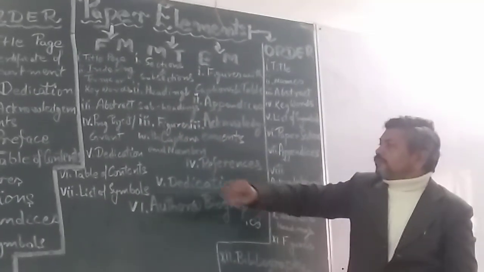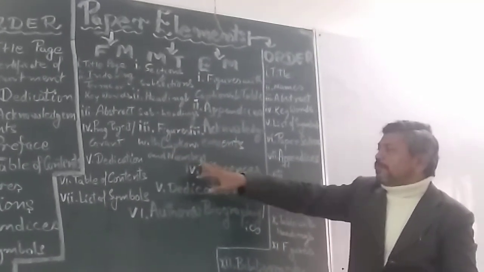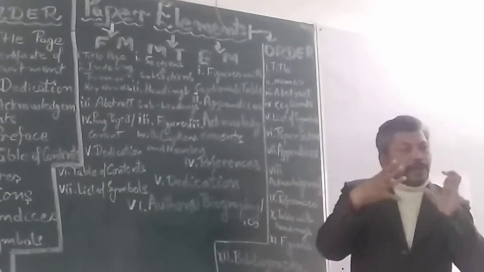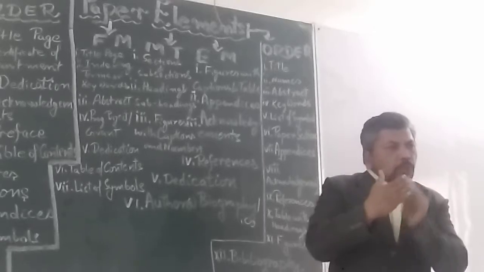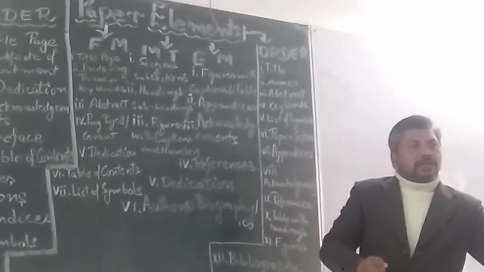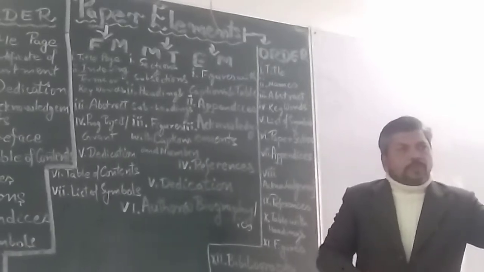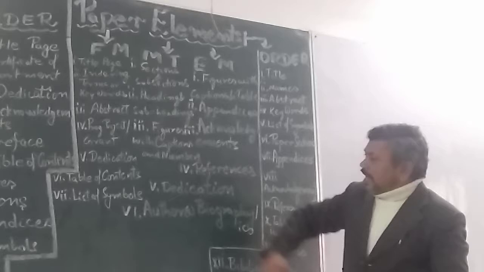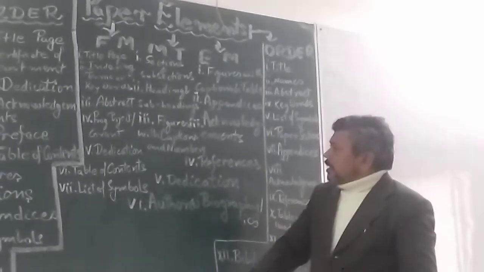Then figures, with captions and numbers. Figures should have their captions suitably mentioned below them, sometimes above them, according to the guided norm of the particular journal.